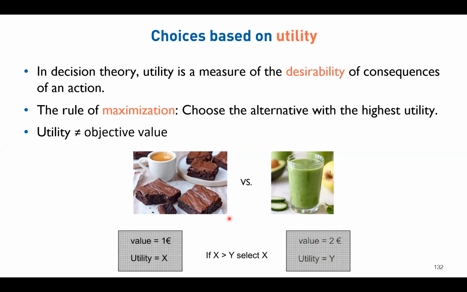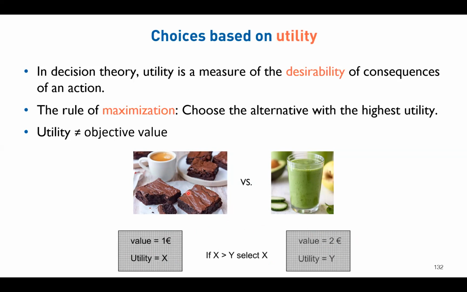On the other hand, even though the actual monetary cost of this one is higher than this, and it's maybe objectively worth more, your subjective evaluation of this one is higher than this. So then you choose this one, okay? So basically what I wanted to emphasize is that utility or value is quite a subjective thing.